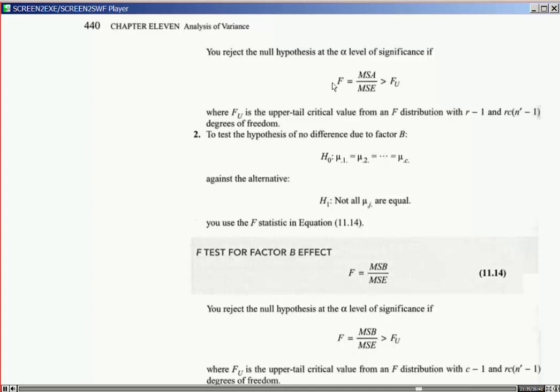That's correct. So when this is greater than this, it lands in the rejection zone, where F sub U is the upper tail critical value from an F distribution with R minus 1 and RC times n prime minus 1 degrees of freedom.